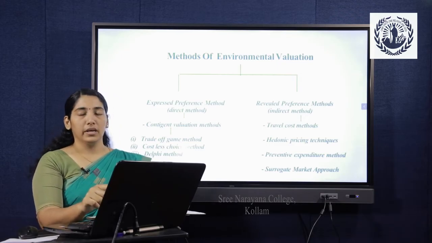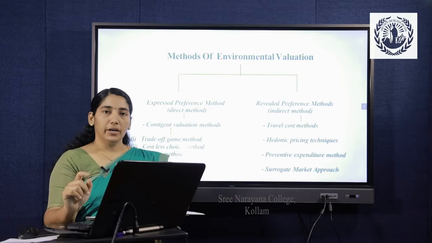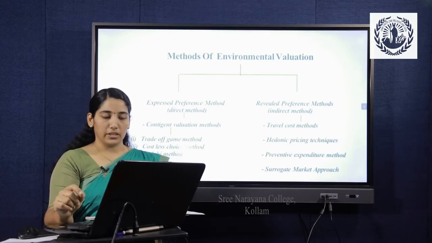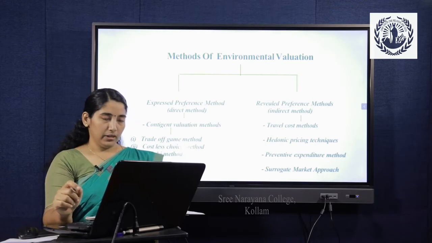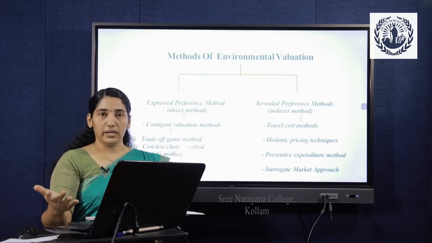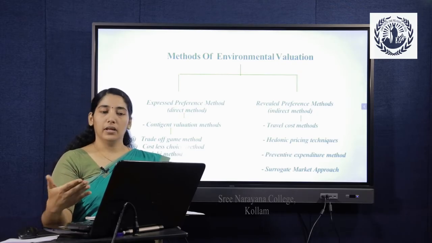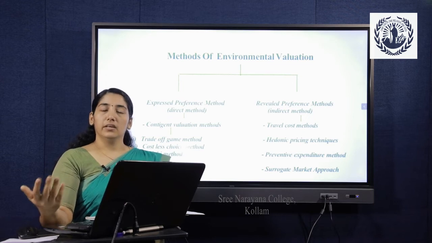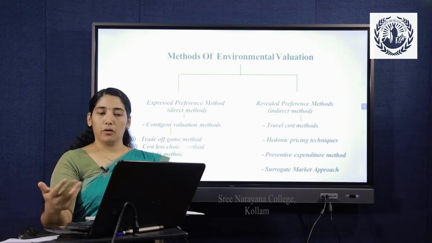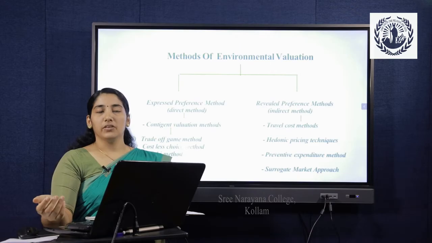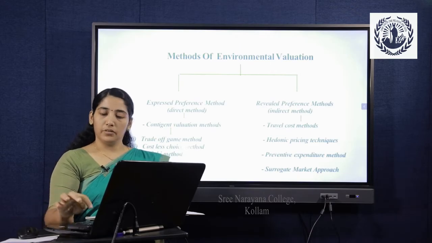Expressed preference method includes only one type of valuation method, which is called the contingent valuation method. Contingent valuation method is again classified into three types. On the other hand, revealed preference methods, which are the indirect methods, are again divided into four: travel cost method, hedonic pricing, preventive expenditure and surrogate market approach.